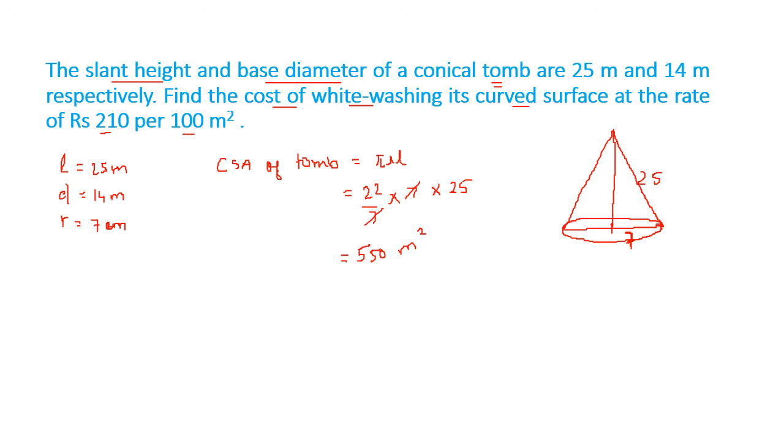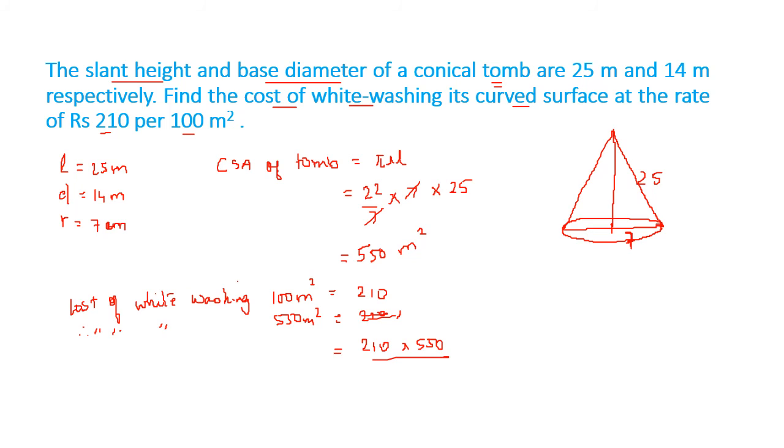Now the cost of whitewashing. 100 meter square is equal to 210. Therefore, cost of whitewashing 550 meter square equal to, we will cross multiply and we will get how much? We will write it is equal to 210 into 550 upon 100. 00 cut, 00 cut.